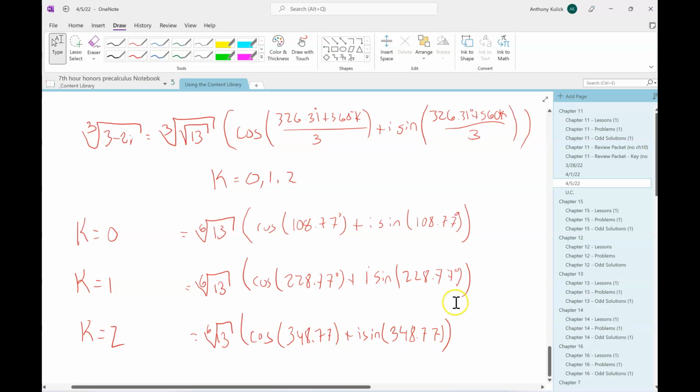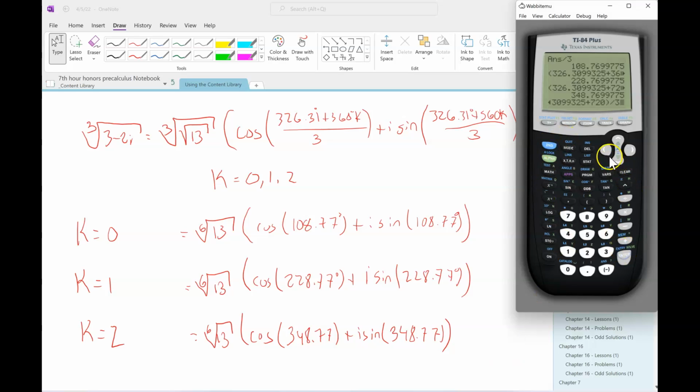What would happen if I accidentally did k equals 3? So that is 1080. So I'd have 326 plus 1080 divided by 3. What do you notice about 468.77? It is coterminal to 108.77. You guys see that? So if you accidentally do too many, you're just going to get an answer that you already got.